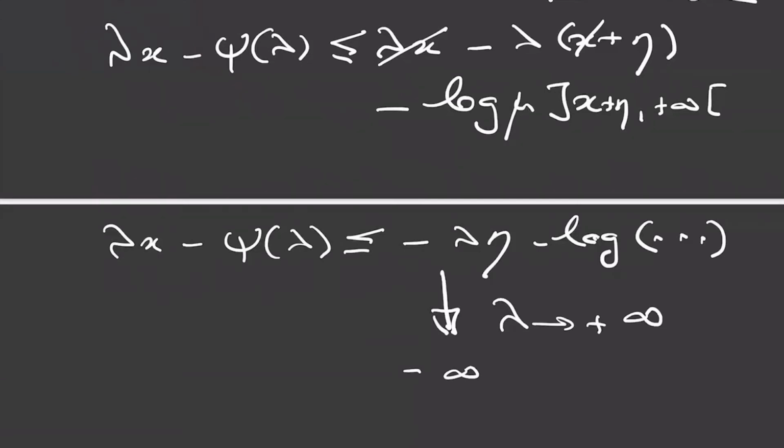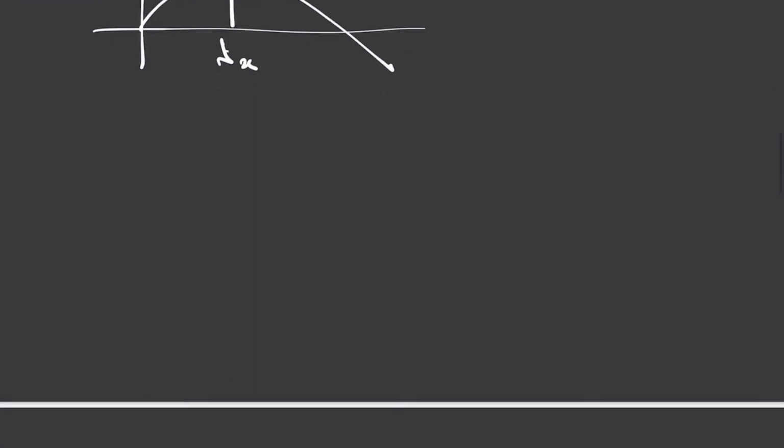So we have a continuous function which is equal to 0 when lambda is equal to 0, and which goes to minus infinity at plus infinity. So this function behaves like that. It achieves the maximum at some point, lambda x. I don't pretend that it is unique, because it could be flat here. Why not? But at least it has a maximum.